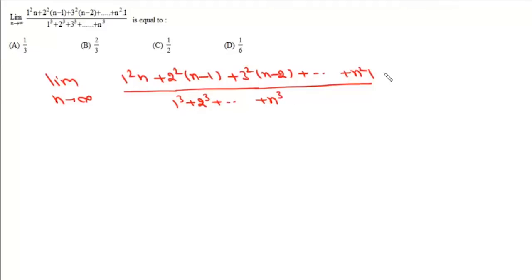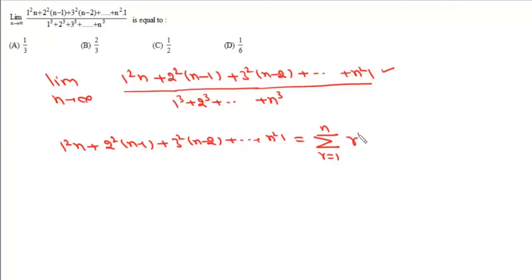Now first what we'll do is we'll simplify this series in the numerator. So we'll write this 1 square n plus 2 square n minus 1, 3 square n minus 2 up to n square 1, as summation r varies from 1 to n, r square, and then it will be n minus r plus 1.